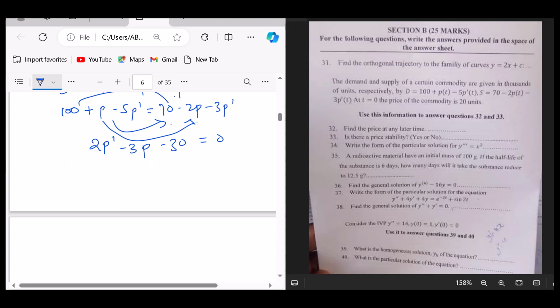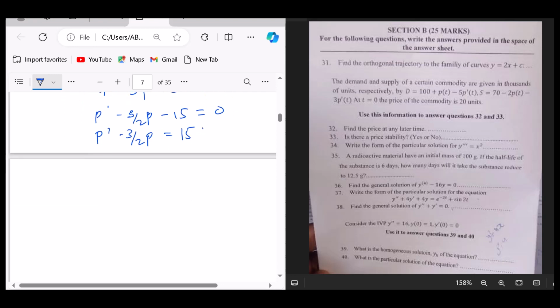And writing this in standard form, that will be p prime minus 3 over 2 p minus 15 equals 0. So p prime minus 3 over 2 p is equal to 15. Right now, solving this, they are saying find the price at any time t.